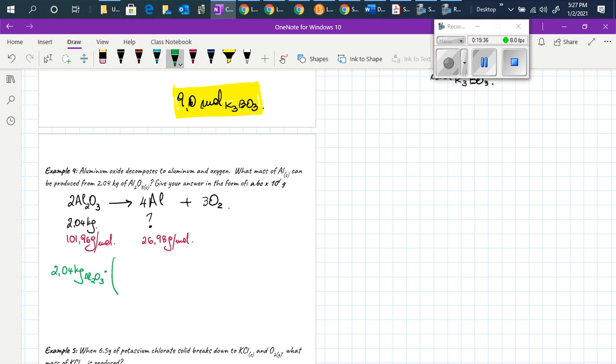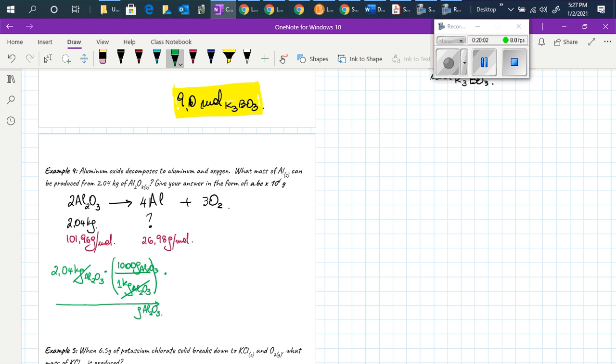Let's convert it into grams. In 1 kilogram of aluminum oxide, we have 1,000 grams of aluminum oxide. So kilograms and kilograms are cancelled out, and what we have here is grams of aluminum oxide.